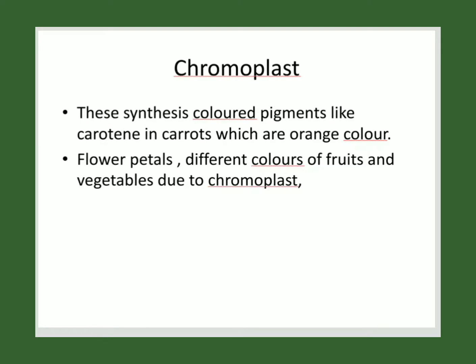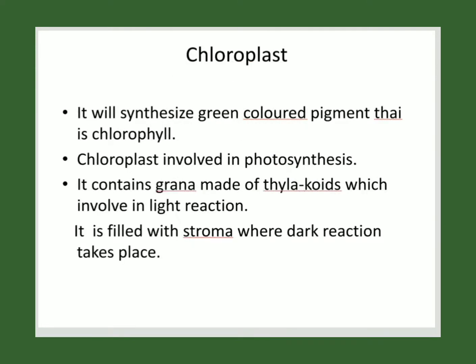Next, chromoplasts. These synthesize colored pigments like carotene in carrots, due to which they are orange in color, and like that the flower petals and different colors of fruits and vegetables are due to chromoplast pigments. Next, chloroplast. It synthesizes the green pigment chlorophyll. Chloroplast is involved in photosynthesis.